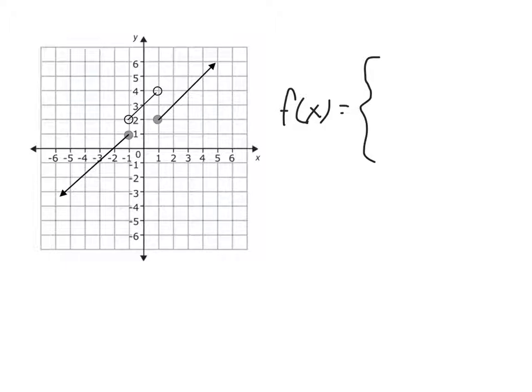I usually start on the left here, and I look at this first part of the graph here, which appears to be linear, and so I can see that if I were to extend this line, it might actually help me.